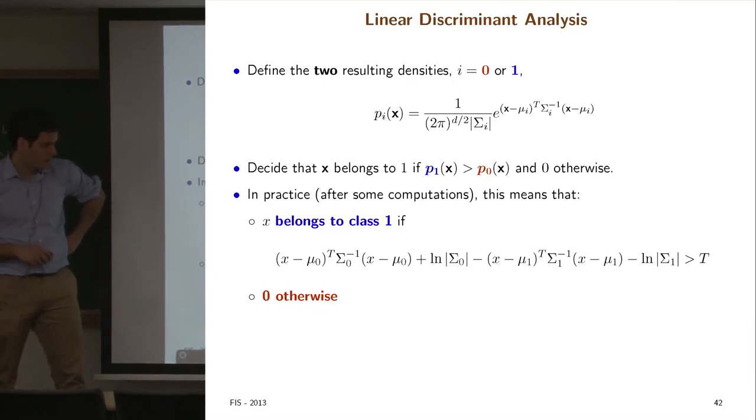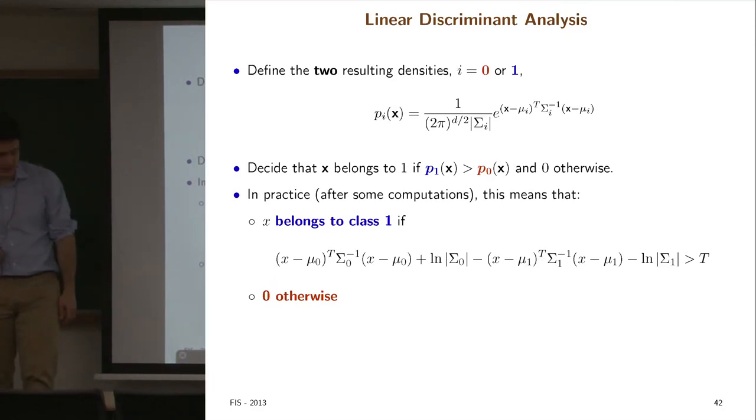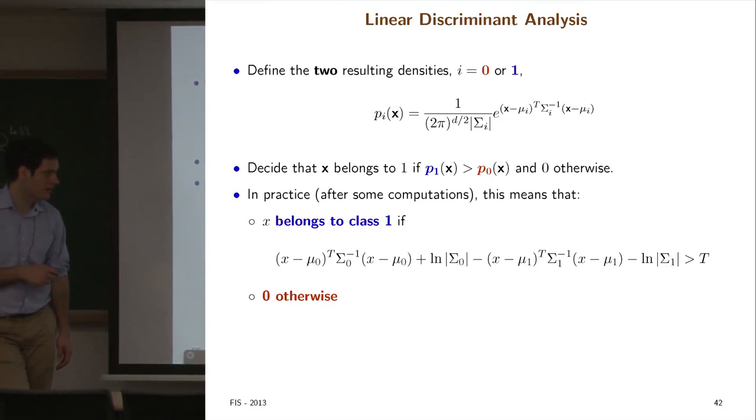So you have the determinants of the covariance matrices which appear, you have those products, etc. And then you will say that it's 0 if this is smaller than T. So T, sorry, I didn't write it. T is some constant which appears by stacking a few computations.